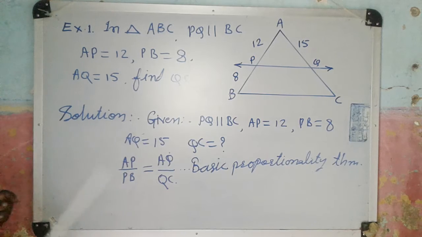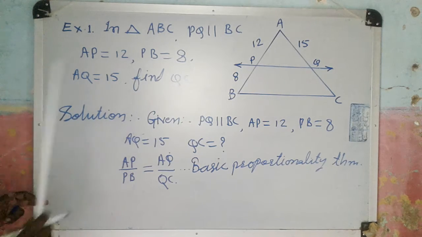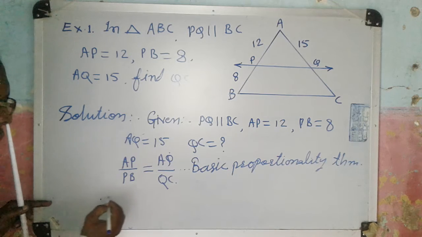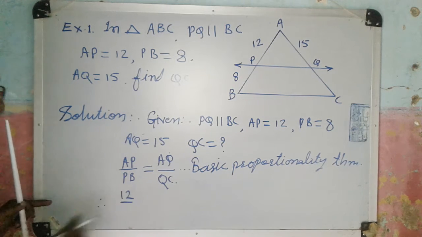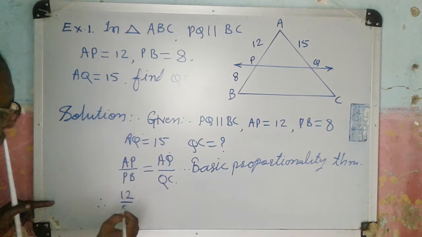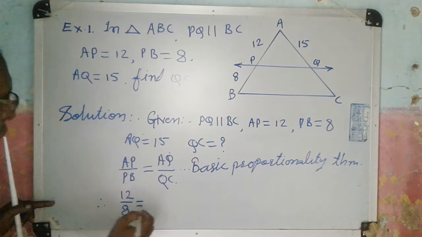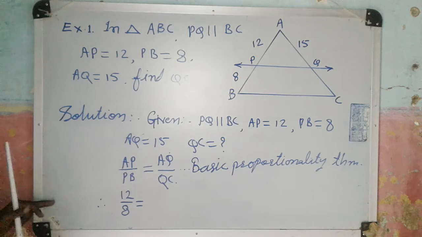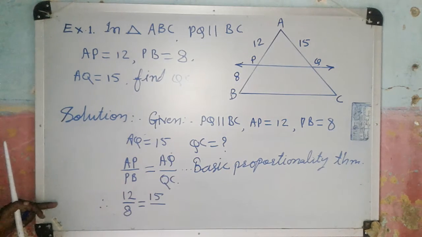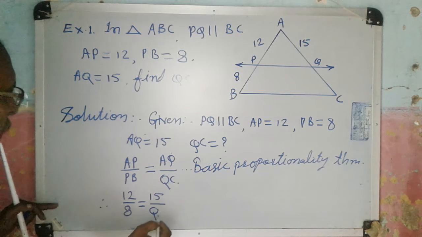Now put the given values here. See here AP is given 12, PB is equal to 8, AQ is 15, QC we have to find.